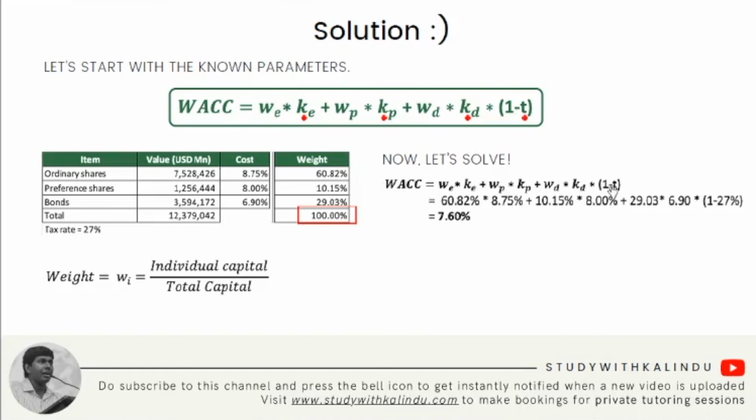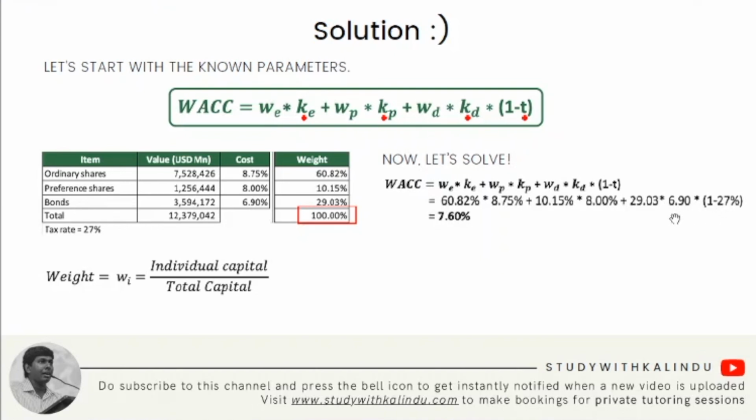WACC is nothing but WE KE plus WP KP plus WD KD into 1 minus T. You put in the WE, which is 60.82%, the KE, cost of ordinary shares, 8.75% already given, WP is 10.15%, which you already calculated, and the cost of preference shares was given 8%, and you calculated the weight of debt or weight of bond 29.03%, and the cost of debt was given as a pre-tax cost of debt 6.9%. But now you have to apply the 1 minus T, which is 1 minus the tax rate was 27%.